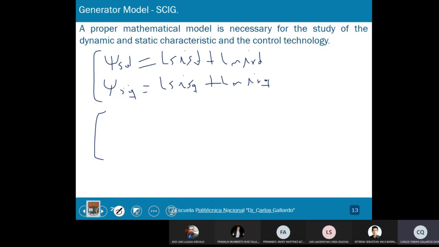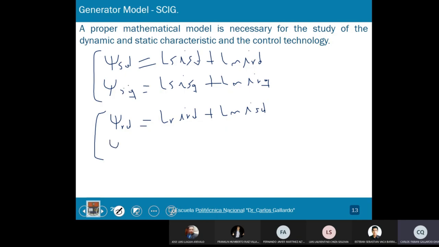This is for the stator side. What about the rotor side? Once again, I need to split up into components. This is the rotor flux on the d-axis. I will have here the rotor inductance times the rotor current on the d-axis plus the magnetizing inductance times the stator current on the d-axis.